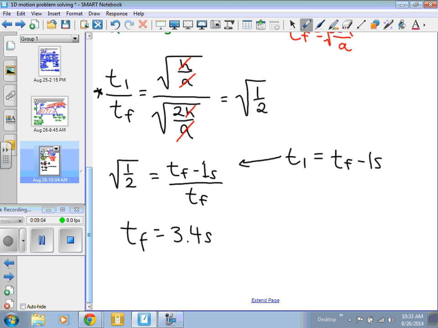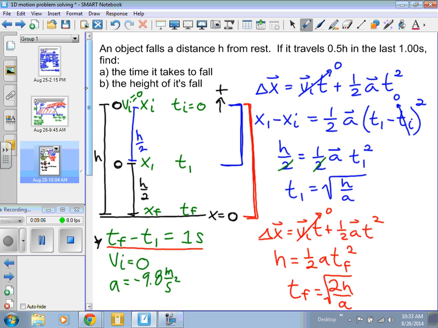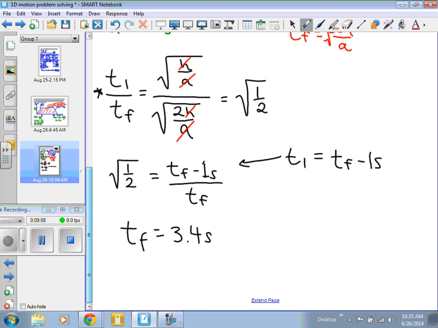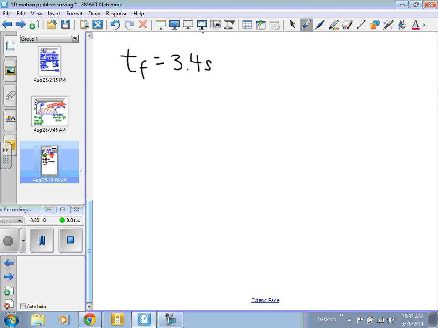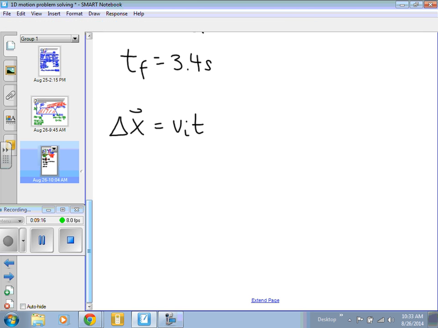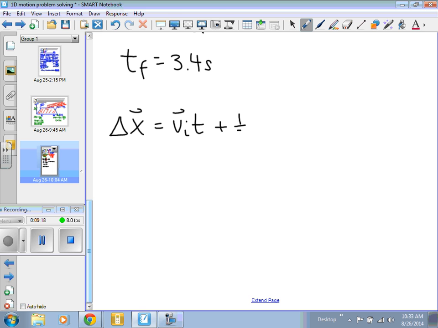And then we also needed to find the height of the object's fall. So once you have the time, it's pretty easy. We know delta x, the total delta x, is equal to v initial t plus 1/2 at squared. And we're looking for delta x.